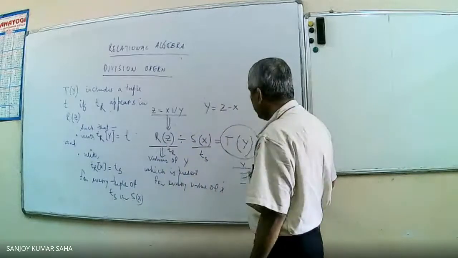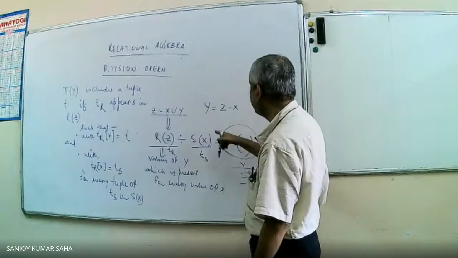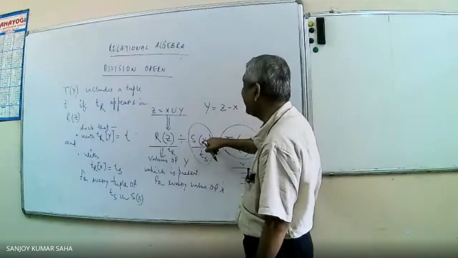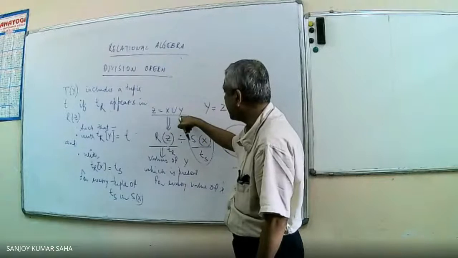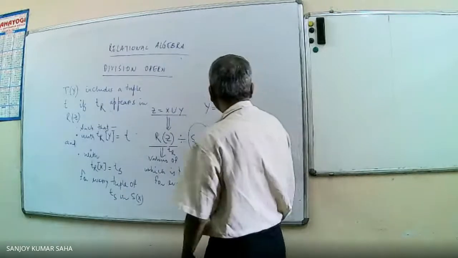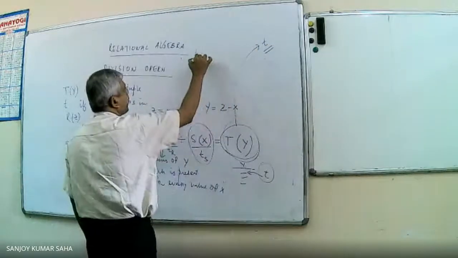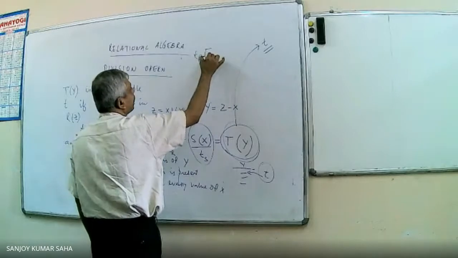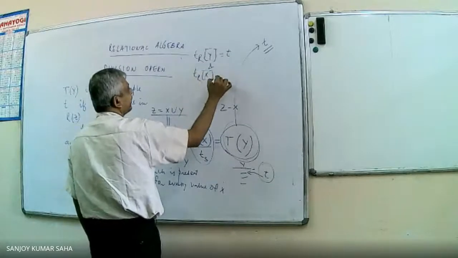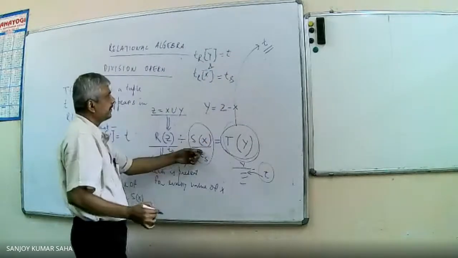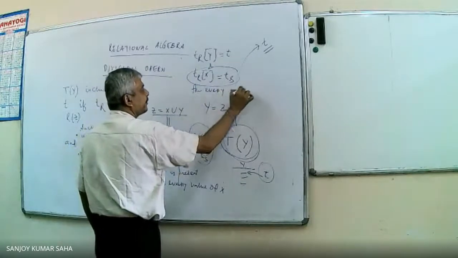And not only that, for every combination of ts in S, tr[X], if I take the projection of X union Y. So basically, from here, if we take a tuple T, it means that we have some tuple tr[Y] equals T and tr[X] equals ts, for every ts belonging to S.